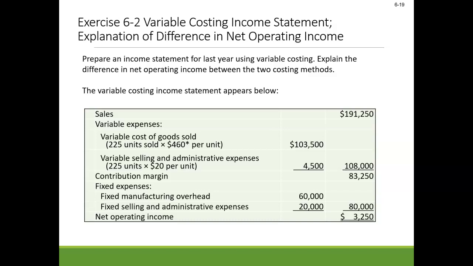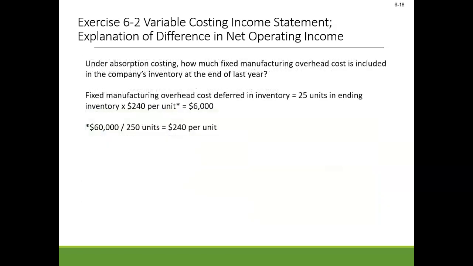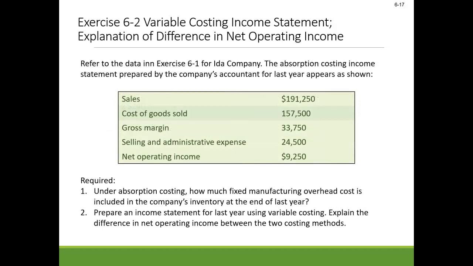So we're going to write off that entire $60,000. So under this variable costing method, our net income is going to be lower, sitting at $3,250, where here we were sitting at $9,250.